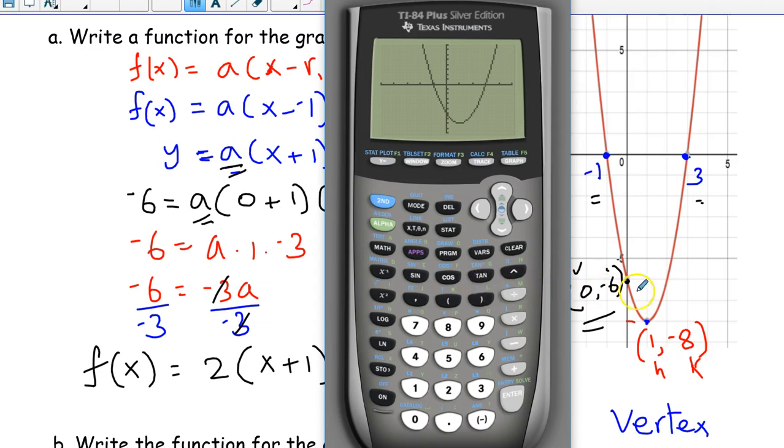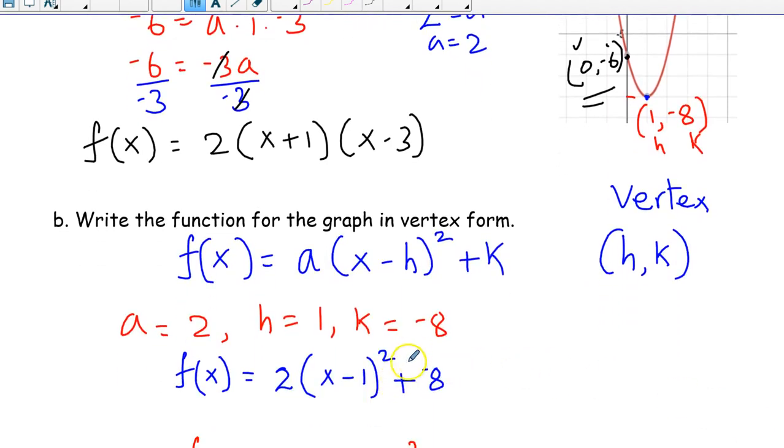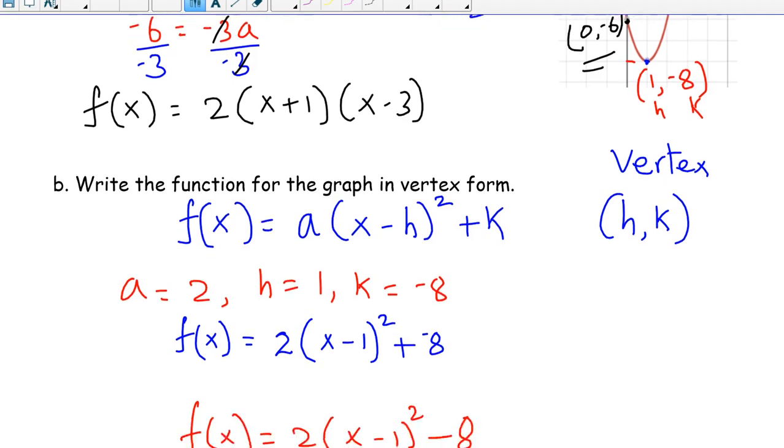It is going from 3, see 1, 2, 3, that's 1, 2, 3, that's negative 1, and the vertex is also about negative 8 over here. Another thing is the vertex form. Let us also enter the vertex form, which is 2 times (x minus 1) whole squared minus 8, right?